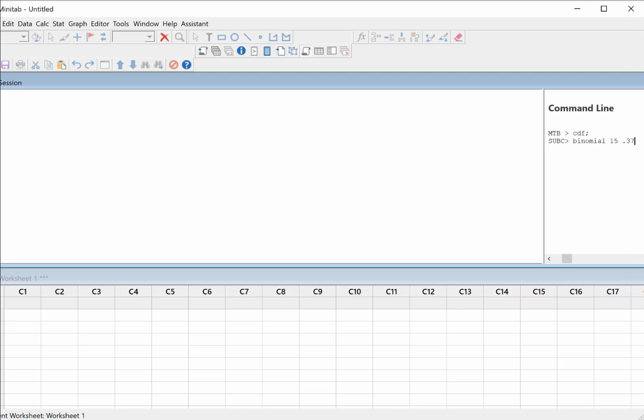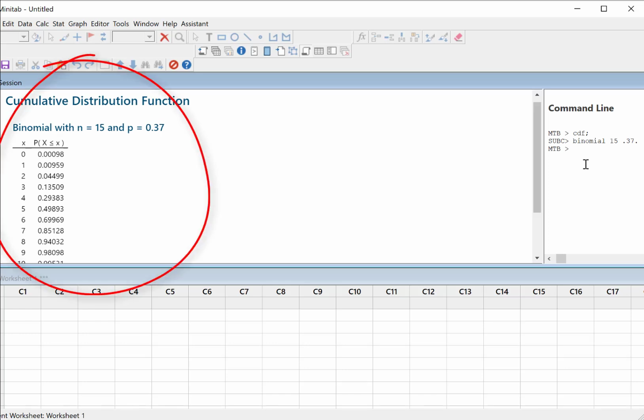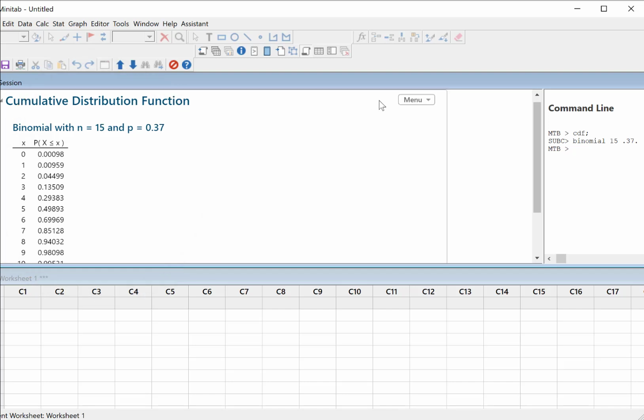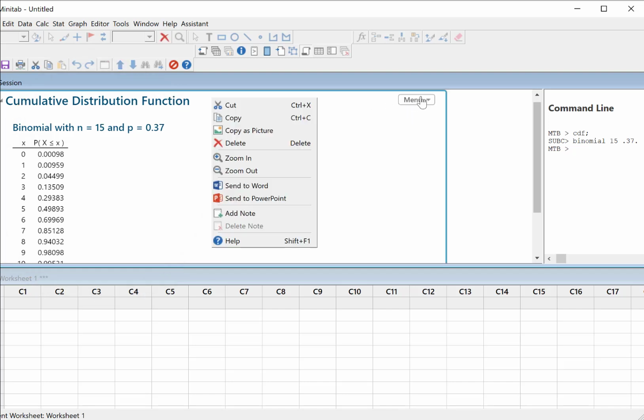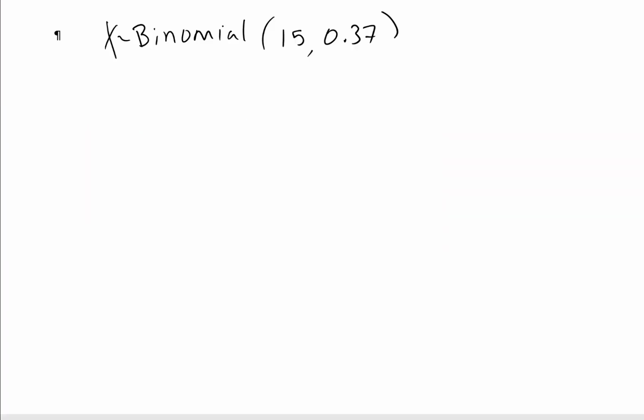And then I have to end that subcommand with a period so that Minitab knows, please do this for me. So I hit enter, and out comes the cumulative distribution function for this particular binomial. I can copy this by hitting Menu and hitting Copy, and I'm going to put it into my document here so that we can use it.